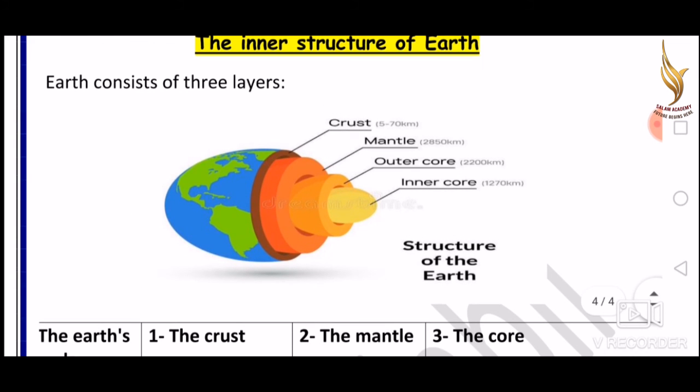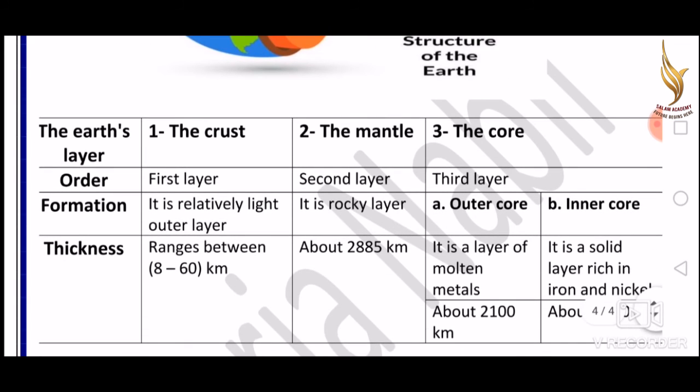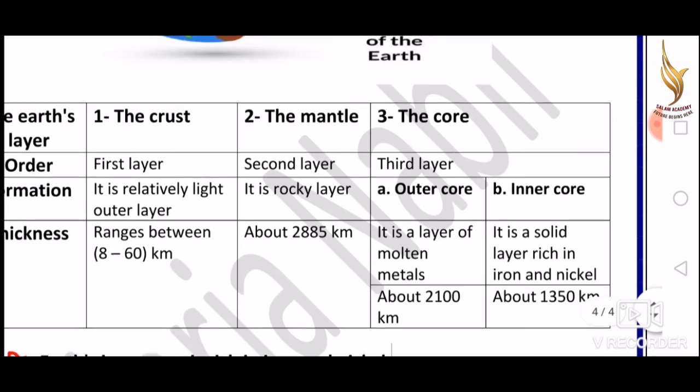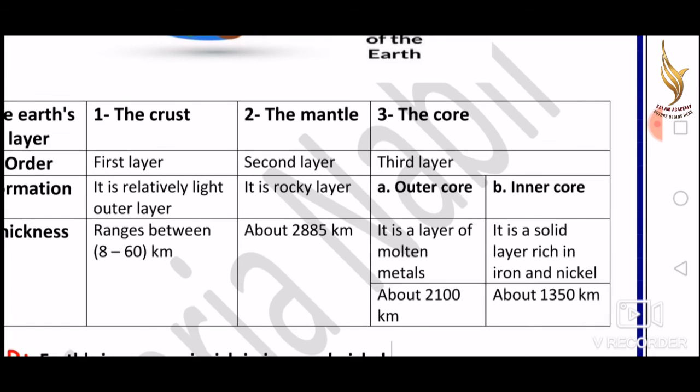The outer core is a layer of molten metals, and the thickness is about 2,100 kilometer, while the inner core is a solid layer rich in iron and nickel, and the thickness is about 1,350 kilometer. So Earth has three layers, which are crust, mantle, and core.